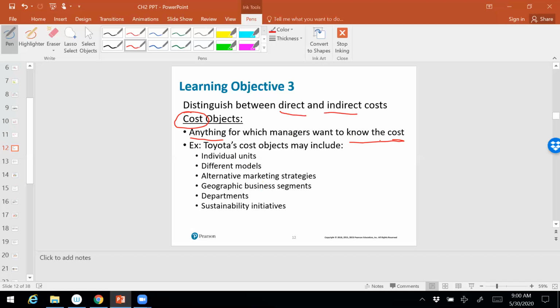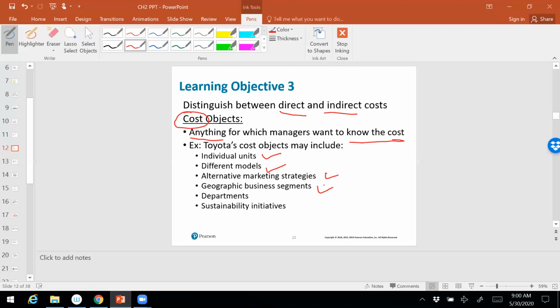If you say, what's the cost of this department? Then the department will be the cost object. So you have to make sure what you are talking about. The textbook uses Toyota. Cost objects can be the individual units, or the model, or even a marketing business segment.